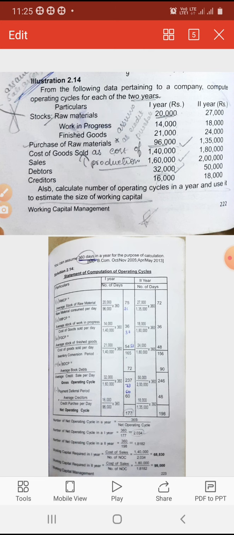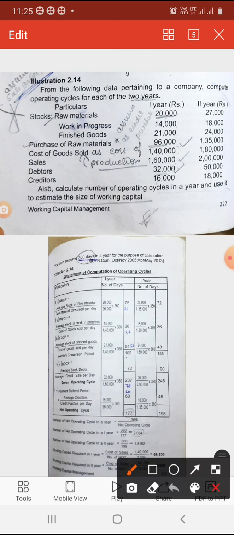Next is the finished goods conversion period. It is average stock of finished goods divided by cost of goods sold per day. Finished goods are 21,000 and 24,000.